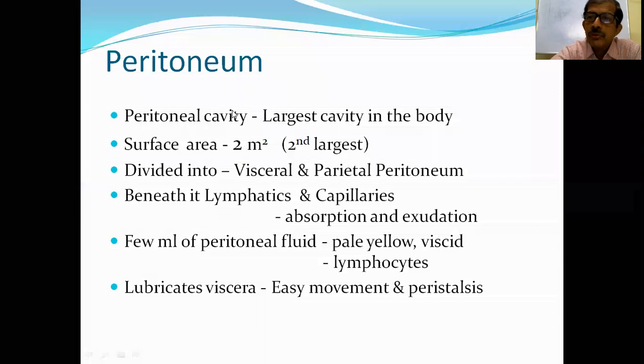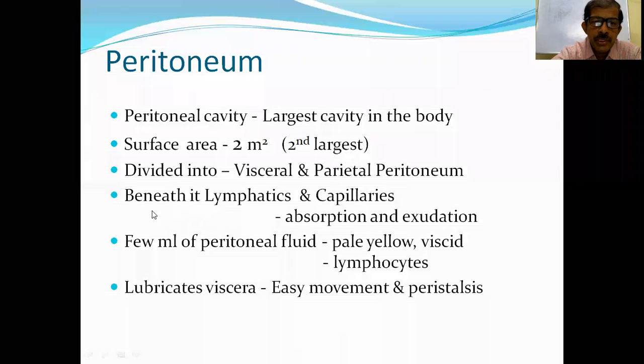As all of you know, peritoneum is divided into visceral and parietal peritoneum. The visceral means covering the internal viscera, whereas parietal is the posteriormost layer of the anterior abdominal wall.